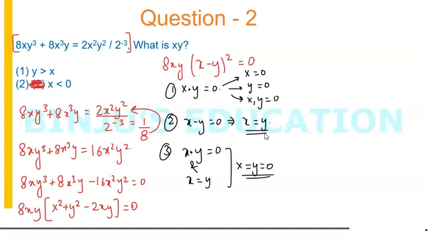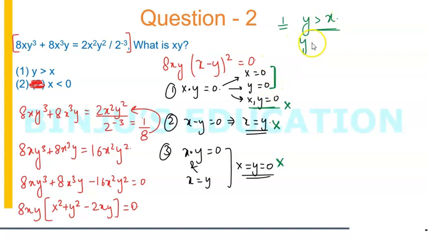Okay, so the first statement is y is greater than x. Now if y is greater than x, the third possibility rules out because they have to be equal. The second possibility also rules out. xy equal to 0 also rules out. If y is greater than x, these two are the possibilities.